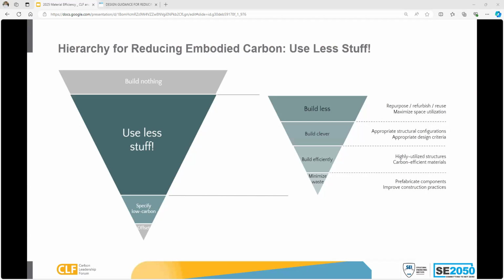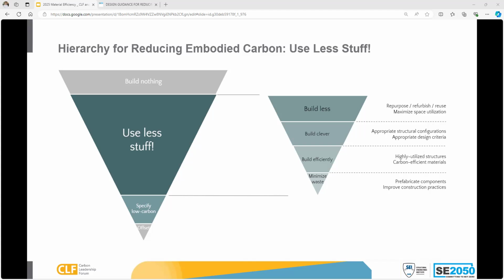Before we get into that, the hierarchy for reducing embodied carbon in structural design, this is an I-Struct-E diagram, but there's probably an analogy here that everyone should be familiar with in terms of how we treat our waste, the reduce, reuse, recycle analogy, and it's the same for structure in the sense that reducing the demand for the amount of new stuff is really the first step to reducing embodied carbon.